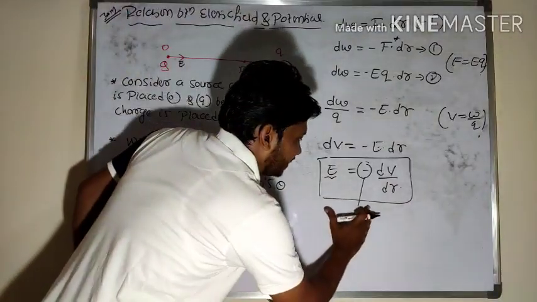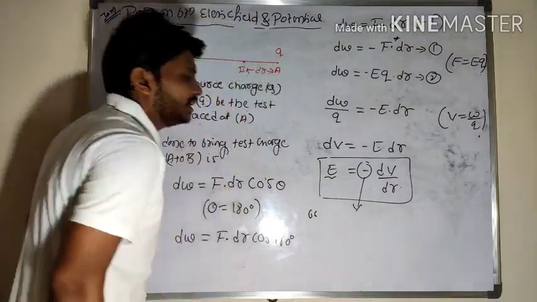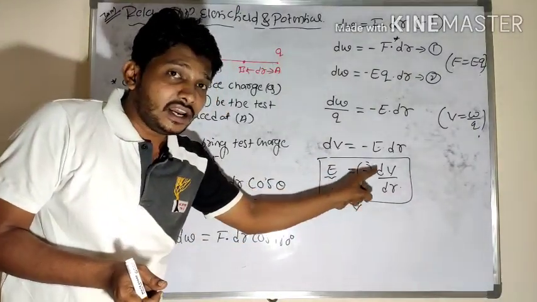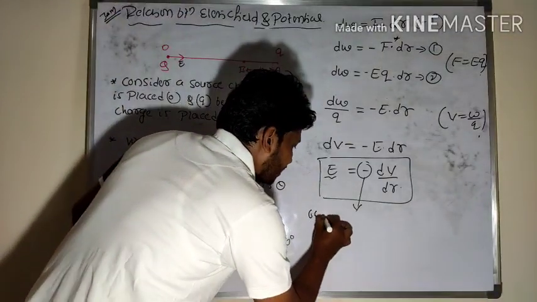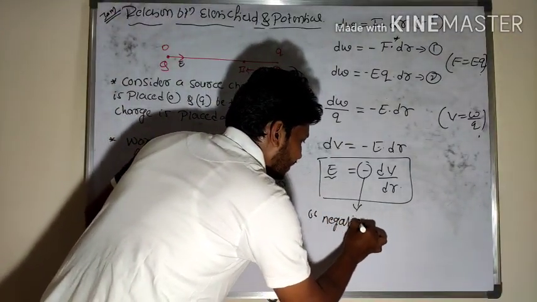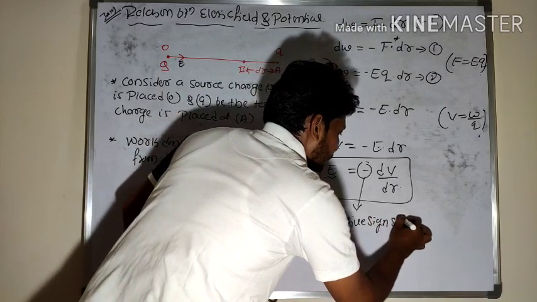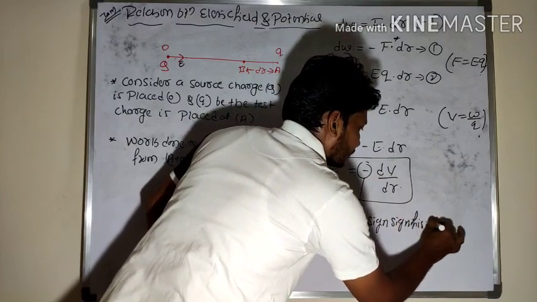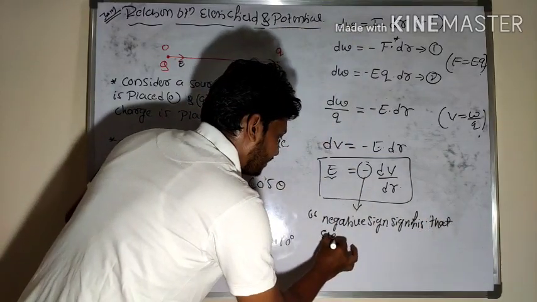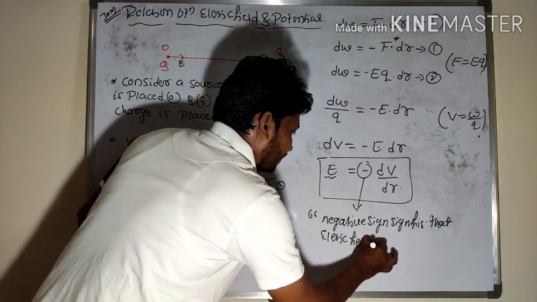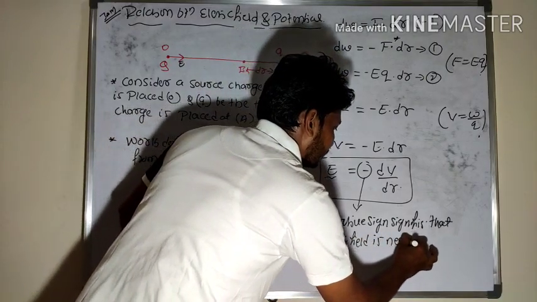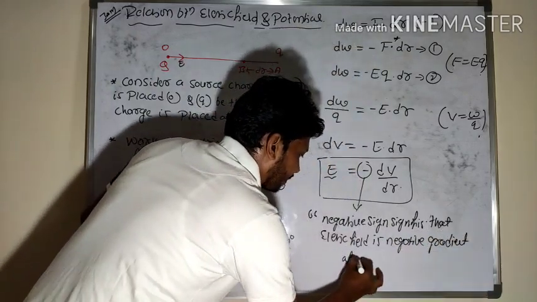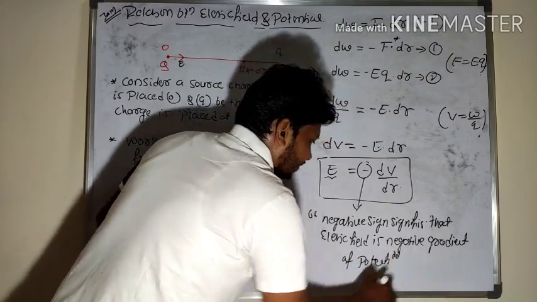Or one more thing, I can say this negative sign signifies that electric field is negative potential gradient. So in other words, what's that negative sign mean here?